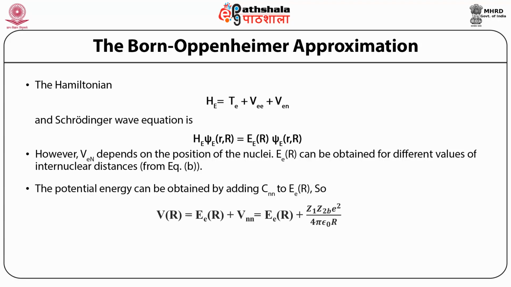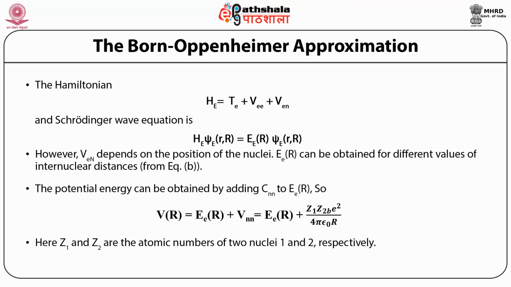So, V(R) is equal to E(R) plus Vnn, which is equal to E(R) plus Z1 Z2 e square upon 4 pi epsilon naught R. Here Z1 and Z2 are the atomic numbers of the two nuclei 1 and 2 respectively.